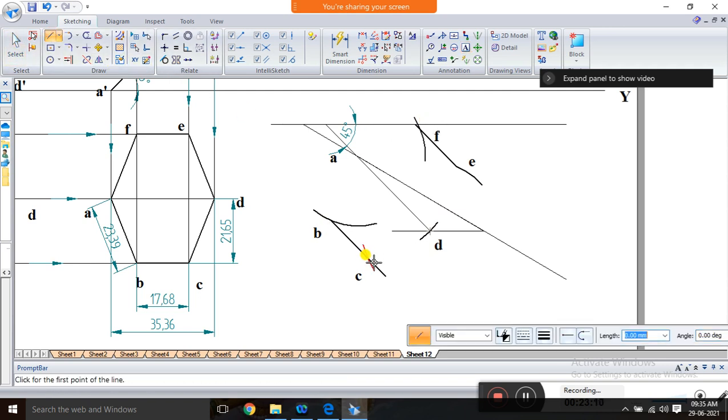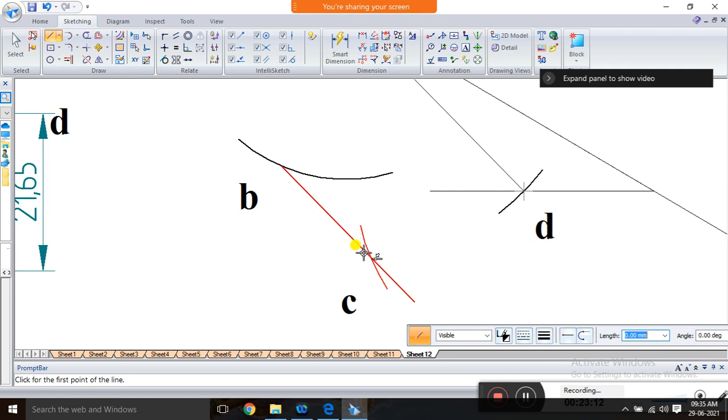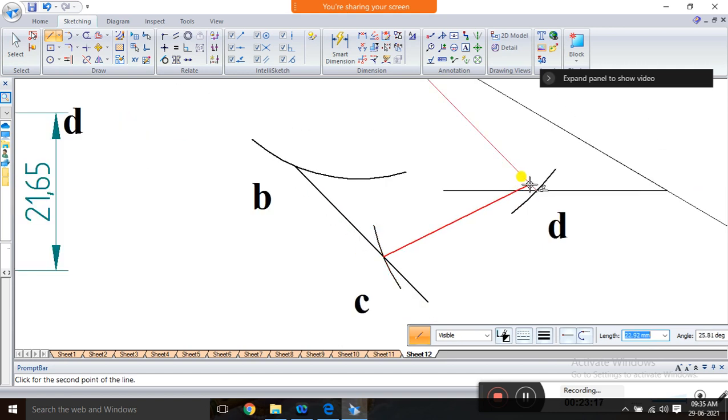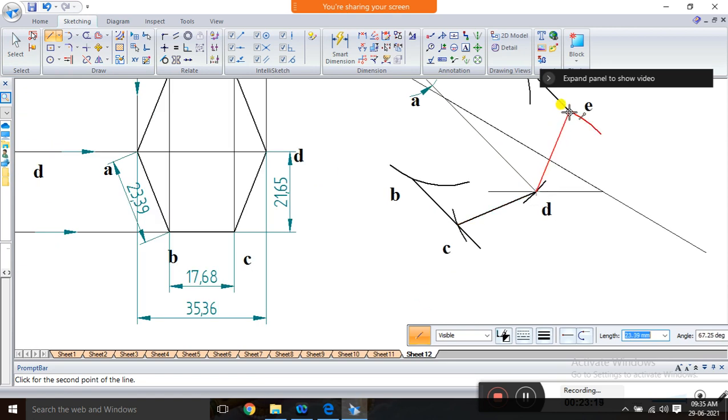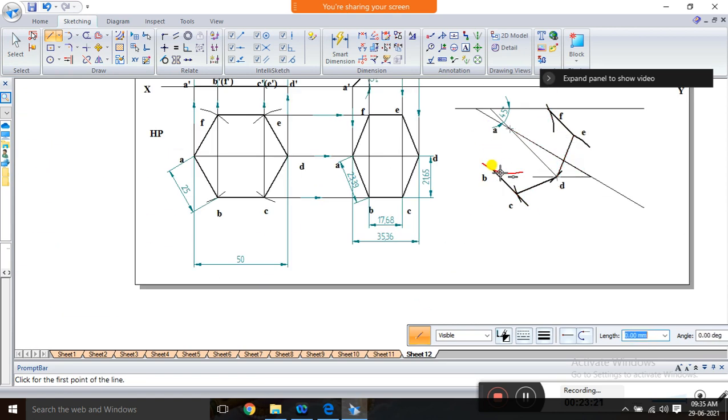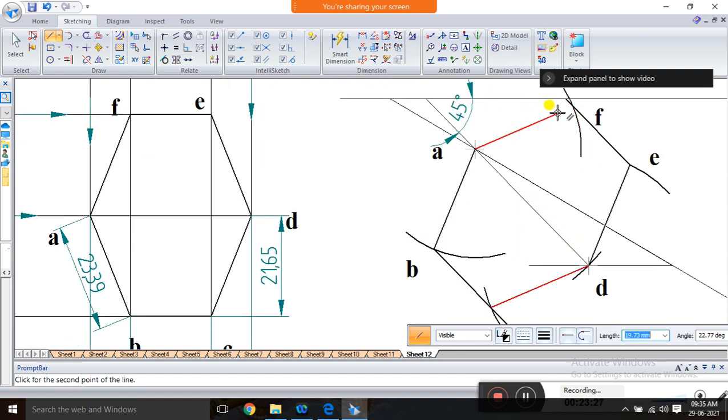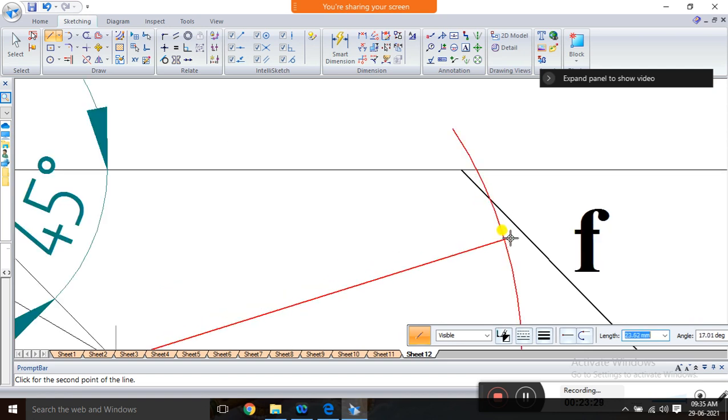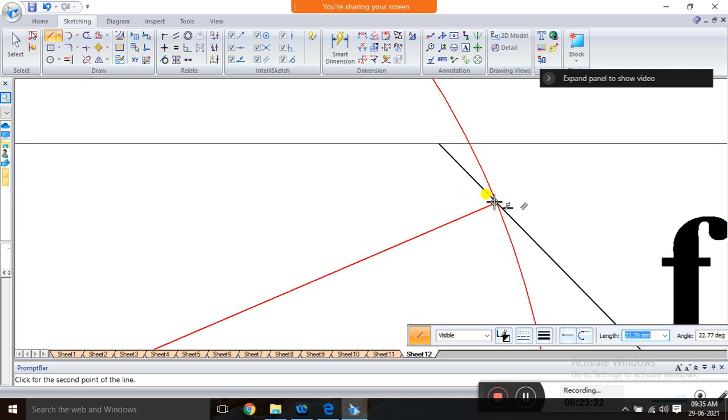Then join this intersection up to here and this up to here. Exactly on the intersection you have to join.